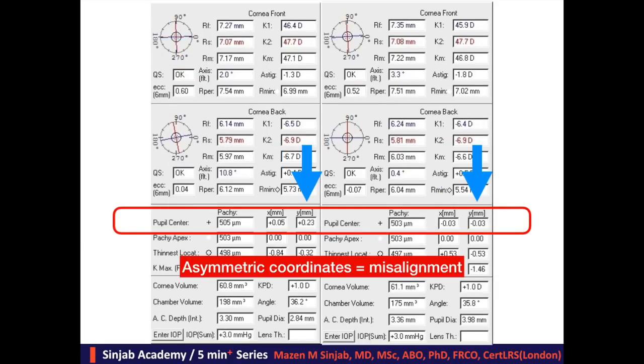Whenever you find asymmetric coordinates, there is a suspicion of misalignment. Look at the difference between the two Y's. Usually, whenever there is more than 0.1 difference between both eyes, we can say that misalignment is highly suspected.